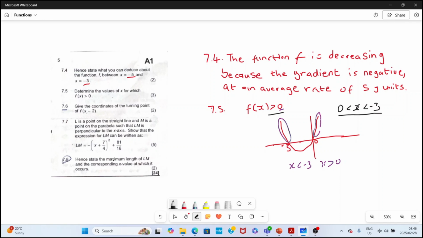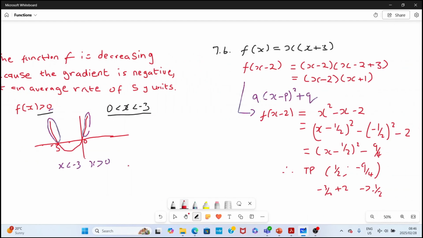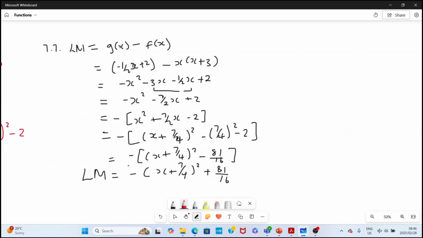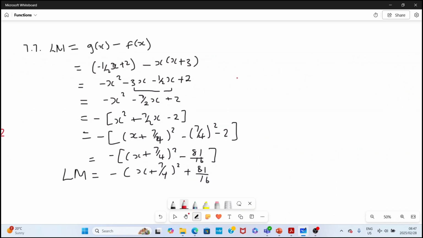So to find the maximum length of LM, and the corresponding x value at which that maximum occurs, we use what we got for our LM from here. For simplicity, we can just expand this function.